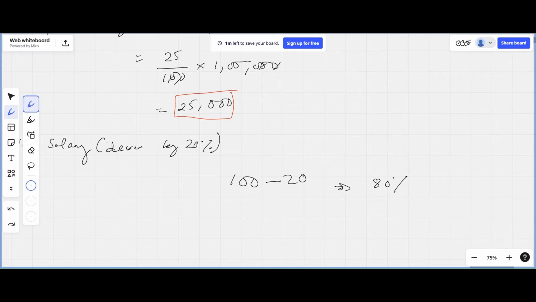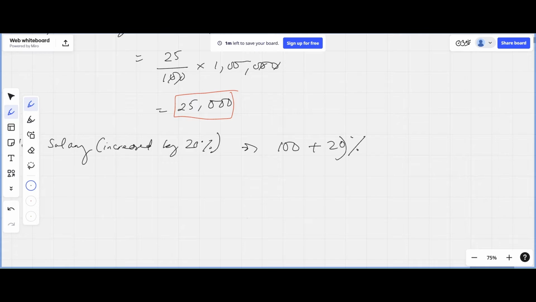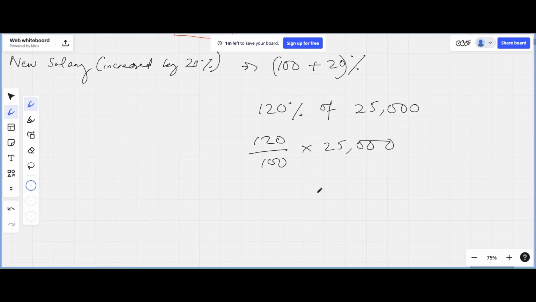Since it says increase by 20%, 100 is the base, 100 plus 20. So 120% of the original 25,000: 120 divided by 100 multiply 25,000 is 30,000. You get it? So these are the basics.